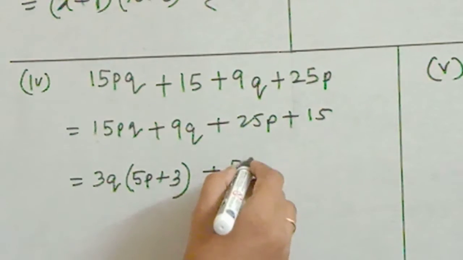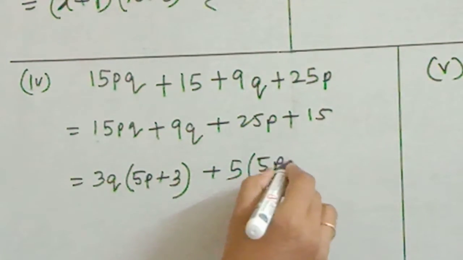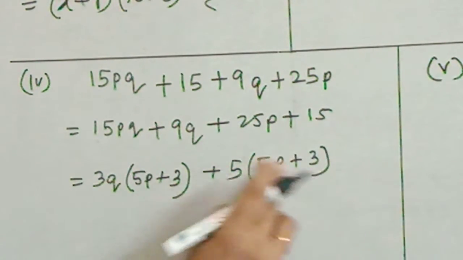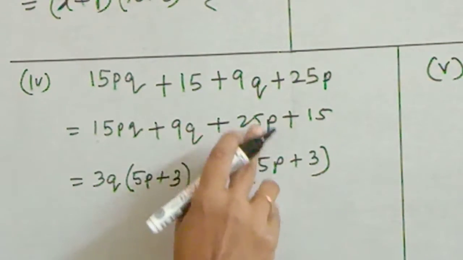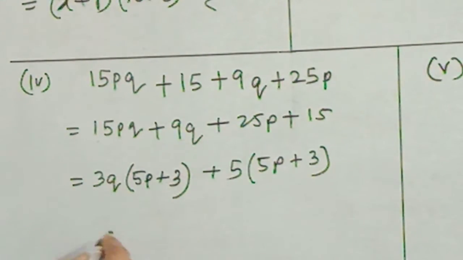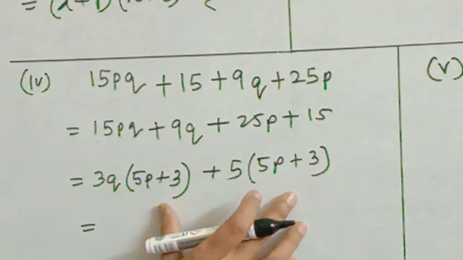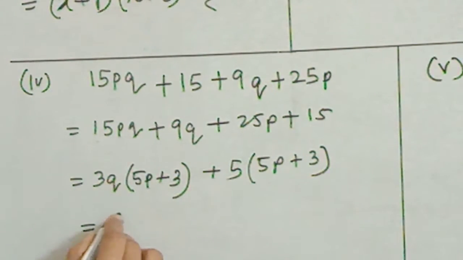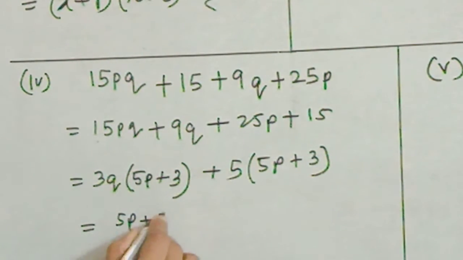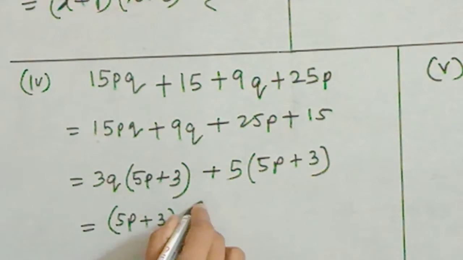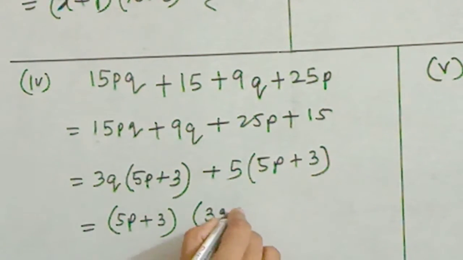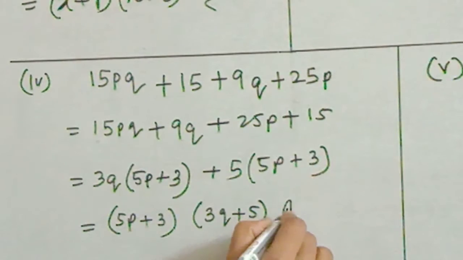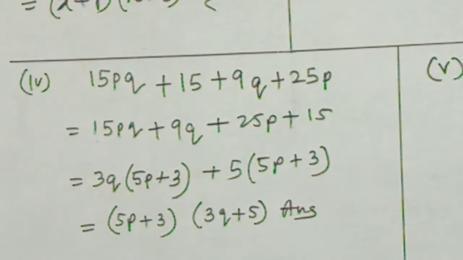If I take 5 as common, then 5p plus 3. 5 5s are 25 and p is here, 25p. Second part of common we can take as 5p plus 3 and the remaining part is 3q plus 5. In this way you can solve the sum.